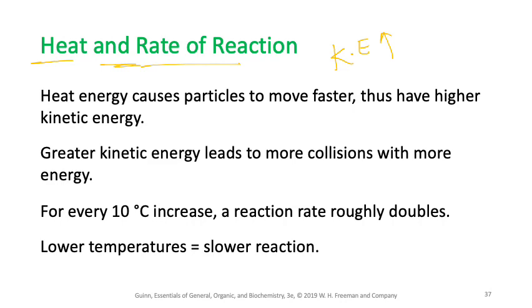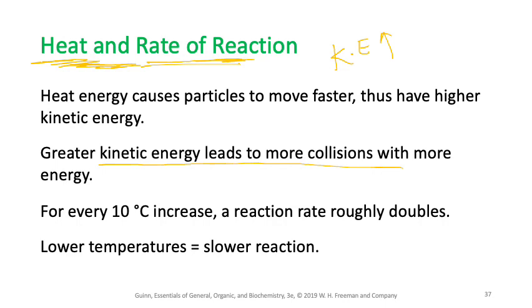If they're moving faster, there's a high chance they're going to collide with each other more often compared to when they're moving slower, right? So that means by providing heat to the molecules, you are increasing the rate of the reaction. Why? Because you are increasing the chances of collision compared to when the molecules have less energy, right? So greater kinetic energy leads to more collisions.